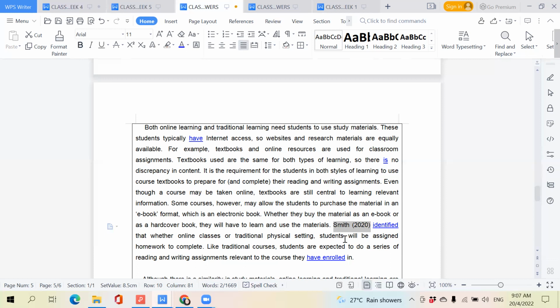Do not immediately go to 1970s research, 1960s, 1950s research, because those are, I can say, most of the time outdated already. It means the research is no longer valid because there will be other research done on the same topic.